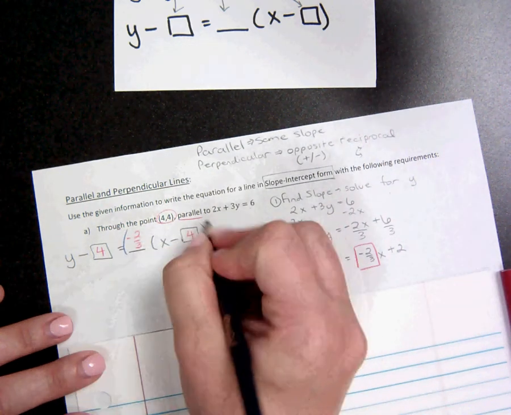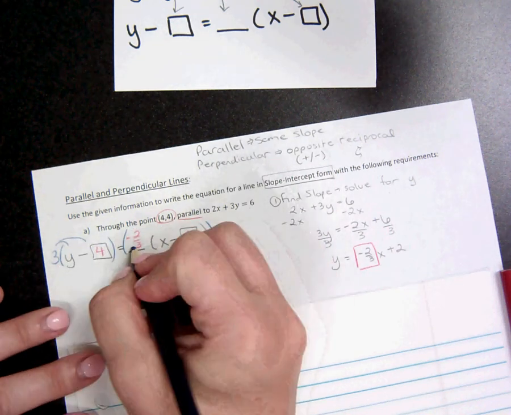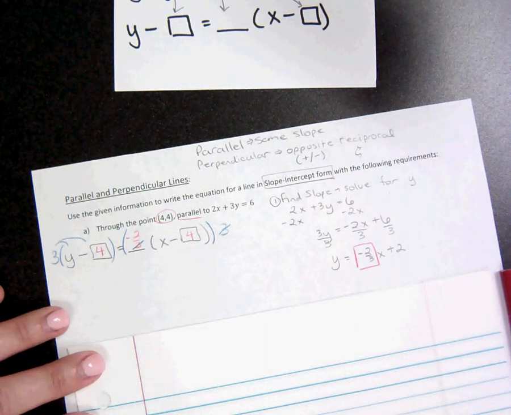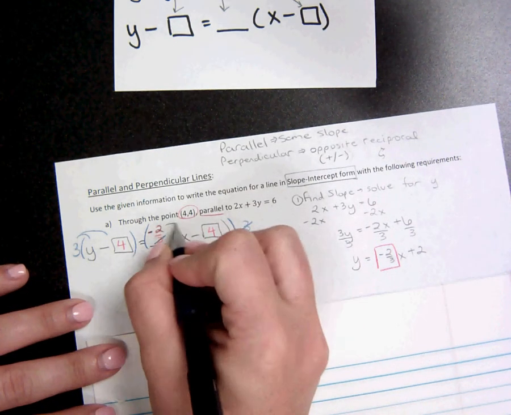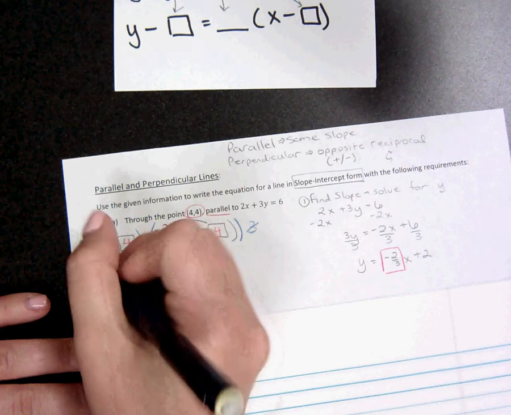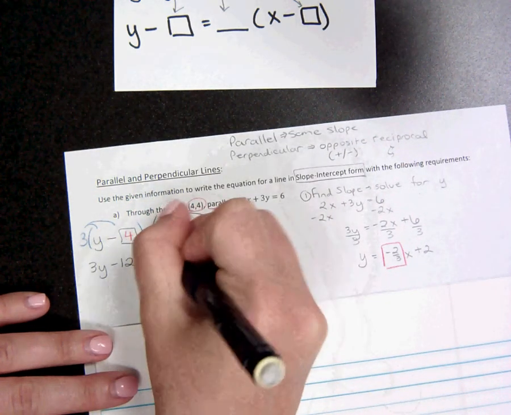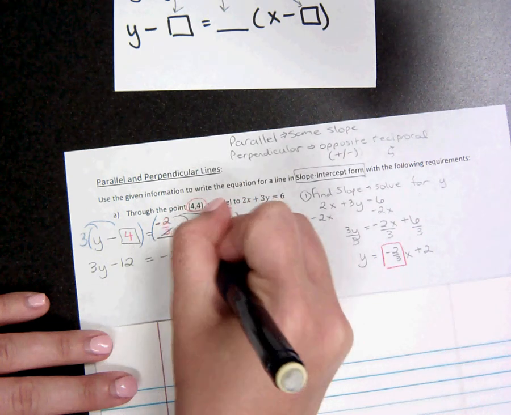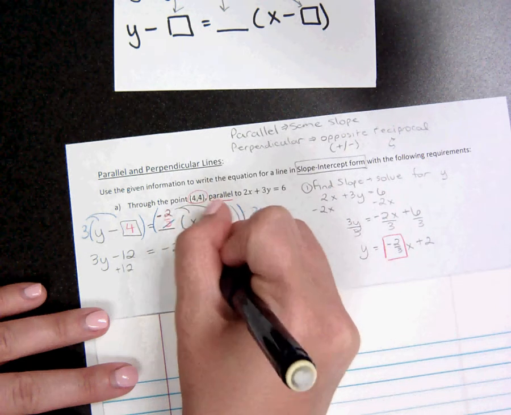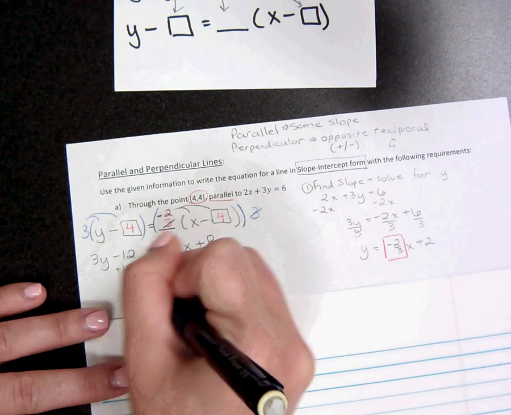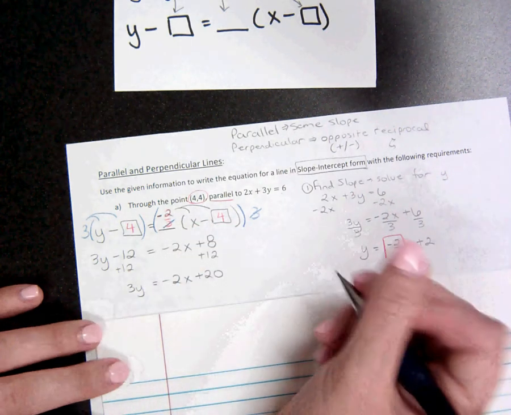So I'm going to multiply both sides by 3. Distribute on the left, cancel on the right. I'm going to go ahead and distribute this negative 2 just to save myself a little bit of writing, and the 3. So I have 3y minus 12 equals negative 2x. It's going to become plus 8. You always move your constant to the right, no matter what. That gives me 3y equals negative 2x plus 20.